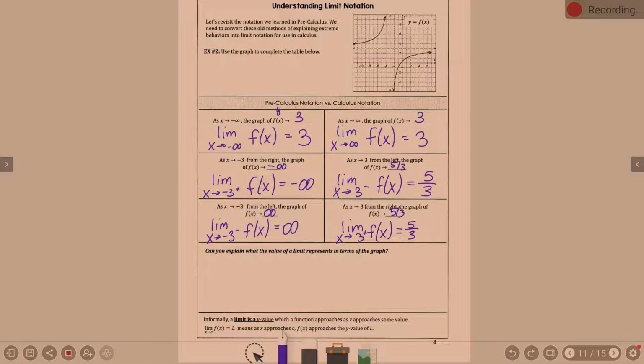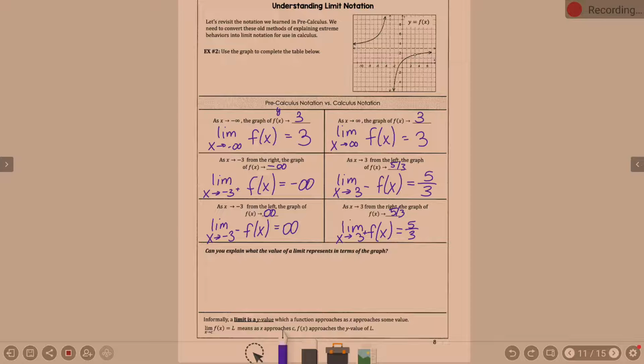It's as x is approaching something and our answer is a y value, right? So when we talk about what the limit represents in terms of the graph, it's that y value that we're approaching. If we're just asked for a limit in general, it has to be the y value that we're approaching from both sides. Now, a lot of these were more specific, left or right, but it's that y value that we're approaching.